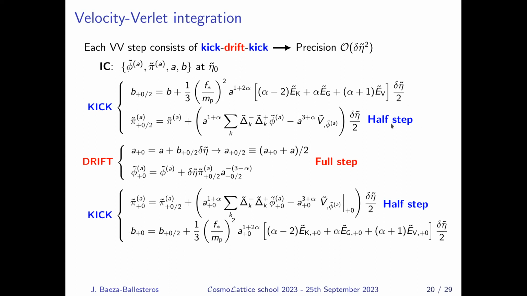So we do half a step, then a full step of the other quantities, and then half a step of the first quantities. This is something you did yesterday with Adrian, and I think there was an example and an implementation of this for a very simple model in one of the Julia notebooks he shared.